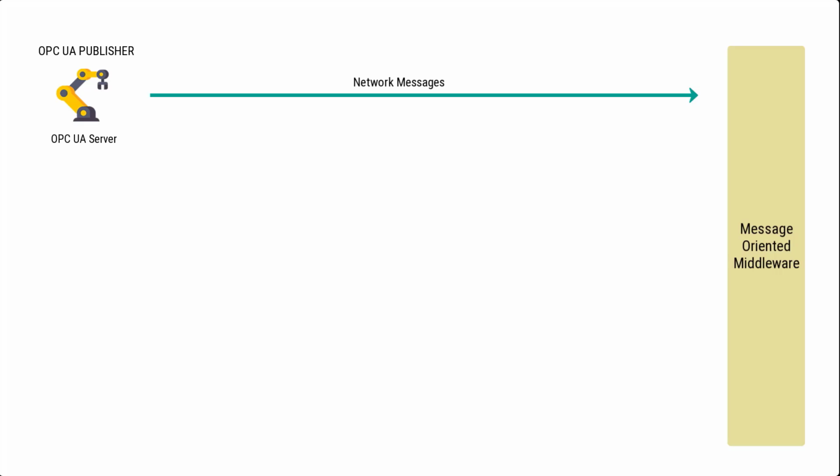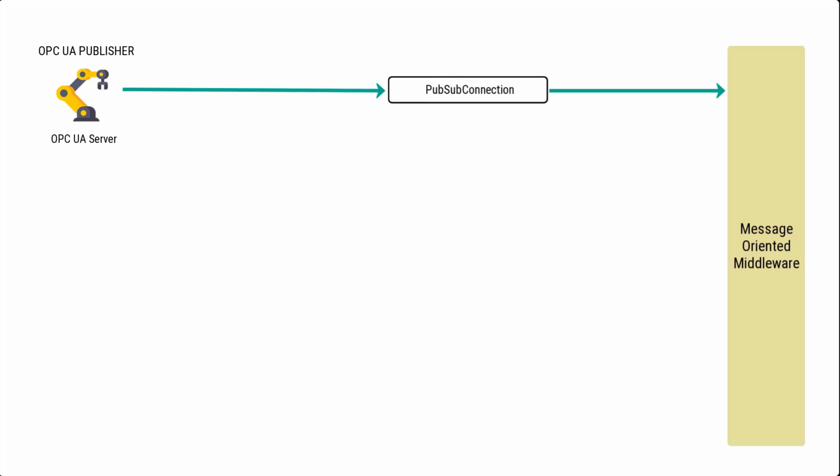The first step in the OPC UA PubSub process is the creation of a PubSub connection. This is where transport protocol specific parameters may be defined for the PubSub connection. For example, MQTT protocol and the respective broker URL address. The next step is the collection of data that needs to be published from the server's address space.